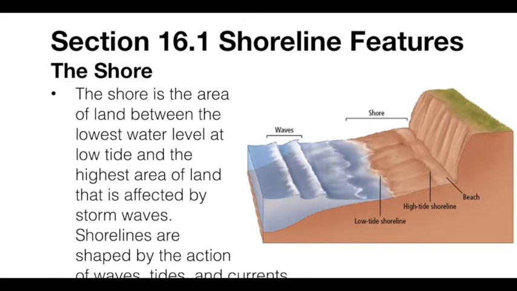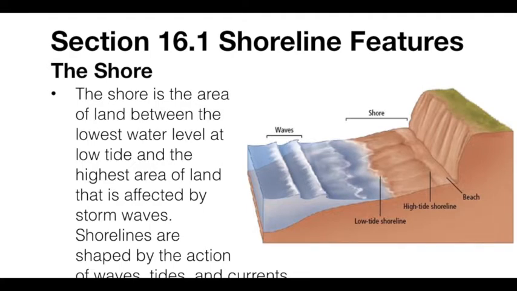So the shore is that area of land that is in between the highest water that a storm would produce and the lowest water in a low tide. All of that is called the beach, and it's got deposits on it: sand, shells, other sediments that have been dredged up from the ocean onto the shore.